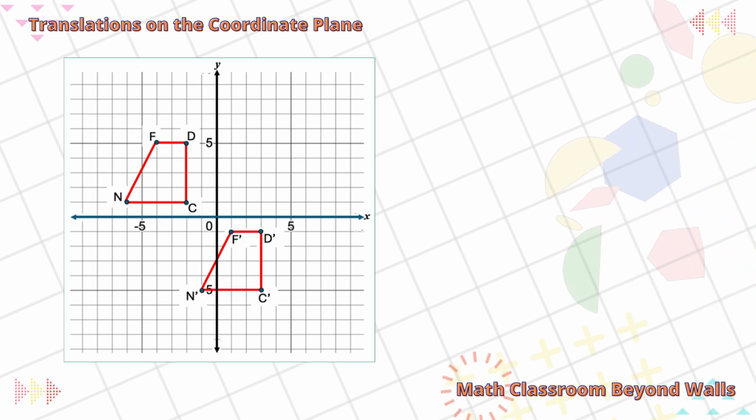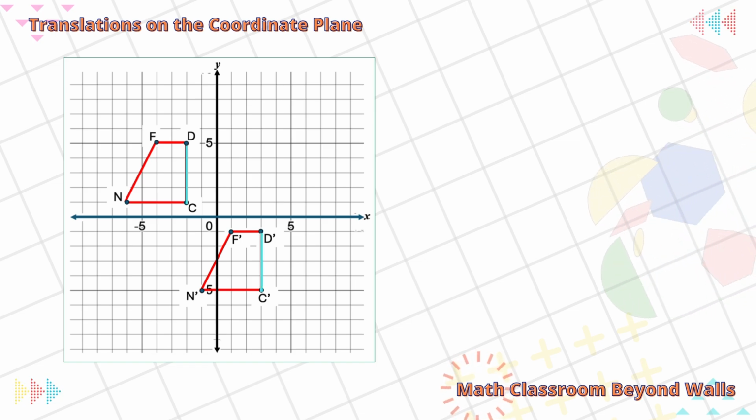Okay, let us check side DC and side D prime, C prime. On DC, we count 1, 2, 3, 4. Then on D prime, C prime, we have 1, 2, 3, 4. These corresponding sides have the same length as well.